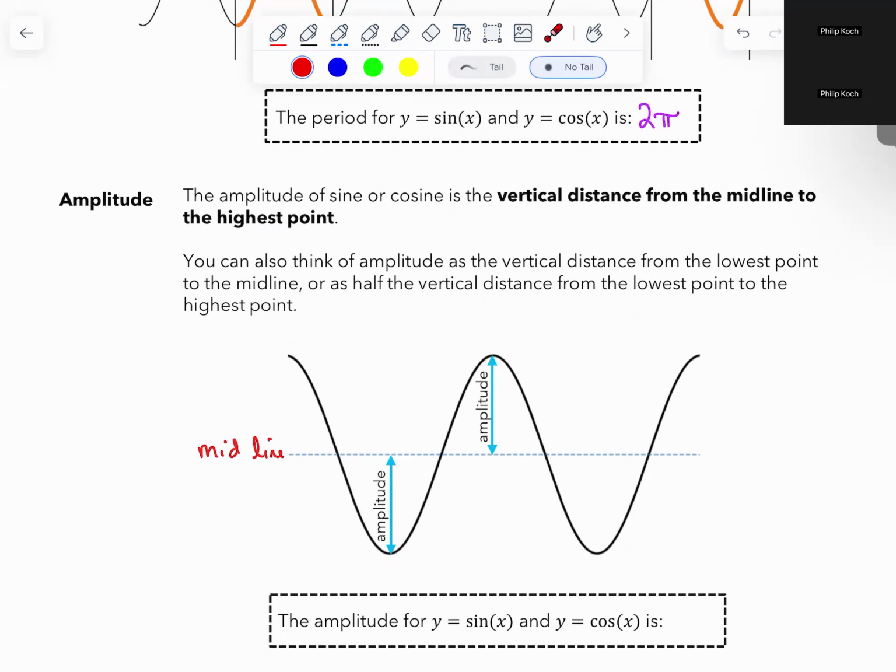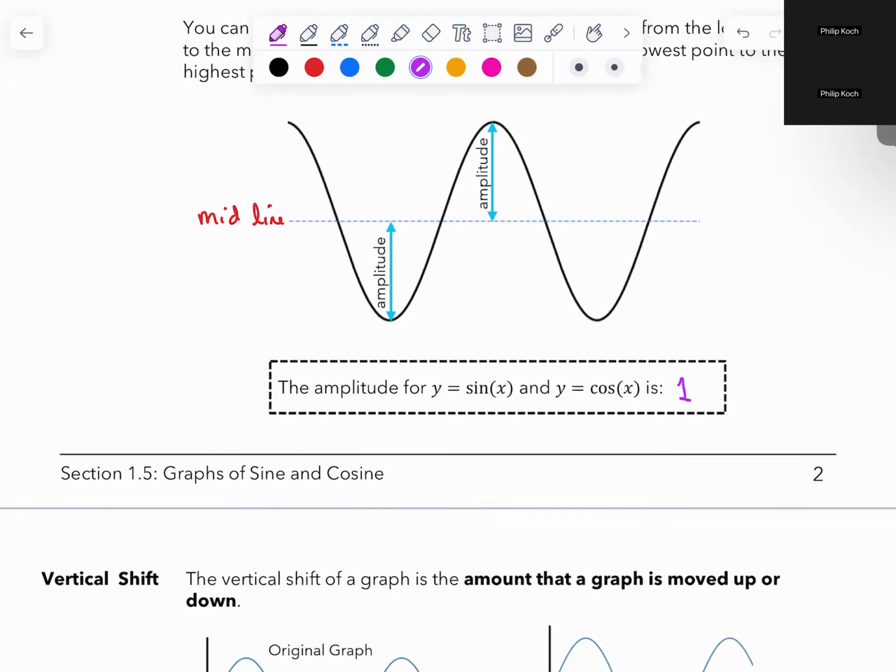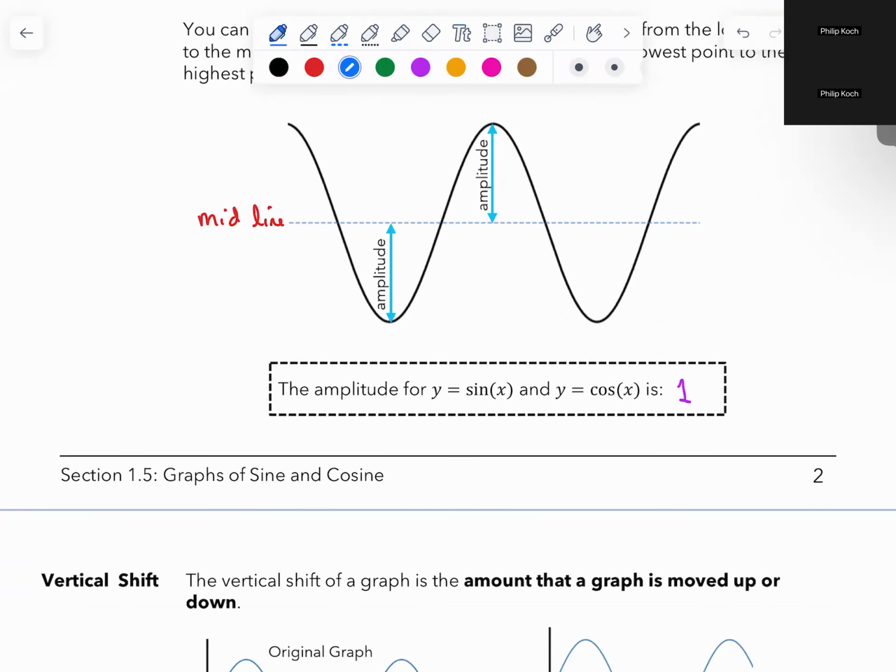Now, for the original sine and cosine functions, as we saw, the amplitude would be 1. And once again, this makes sense because -1 is less than or equal to sine of x or cosine of x. Sine of x and cosine of x are always bounded between -1 and 1.